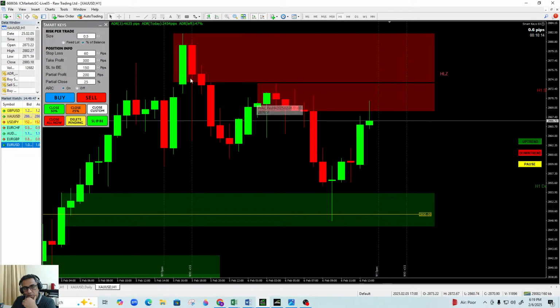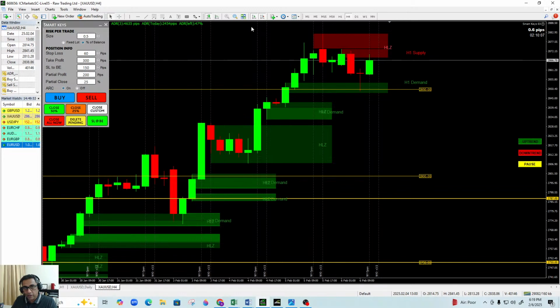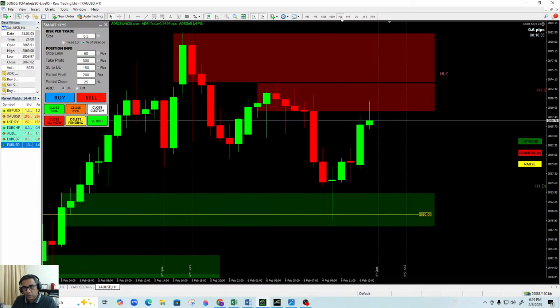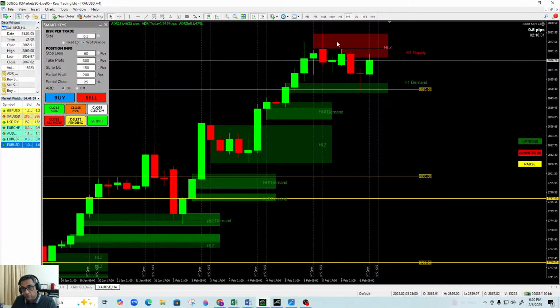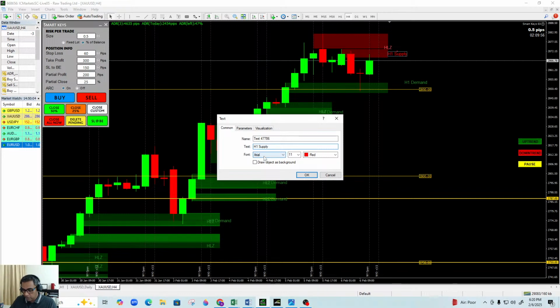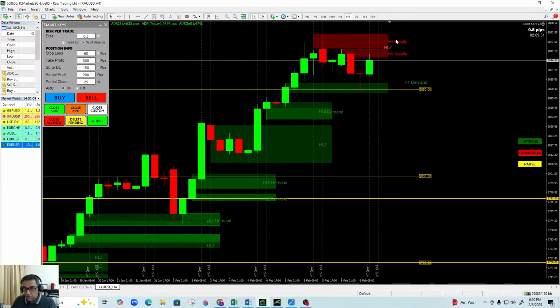Just move that zone 2 pips above so that I see that there are 2 separate zones. Okay, right. So that's supply. That's what we have, right? So they're both 4-hour supply zones because they're visible on the 4-hour, but we just had to refine them on the 1-hour. They're both 4-hour supply zones. Okay, let's move this across now.